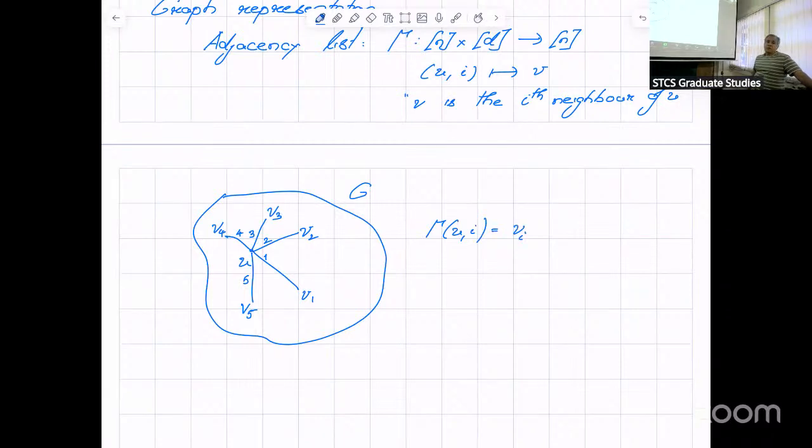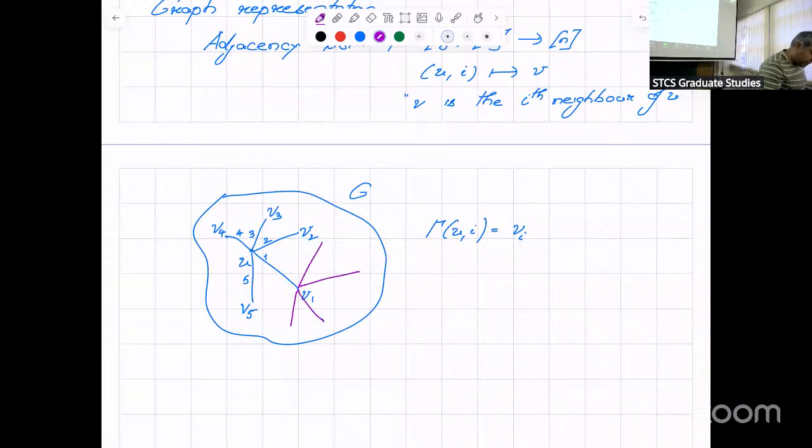We are thinking of this as a sort of directed thing, but the labels are on the edges. So this is u's first neighbor, second neighbor, third neighbor, fourth neighbor, fifth neighbor. Now, what Mrinal is asking is, from V1 there are also going to be 5 neighbors, one of which is u itself.